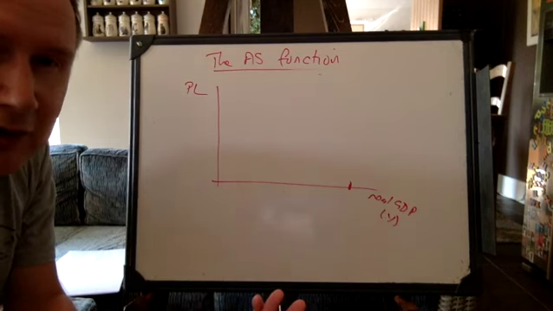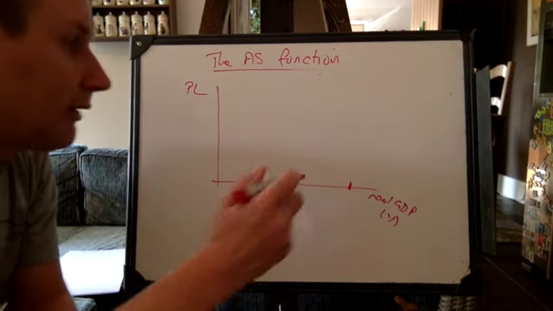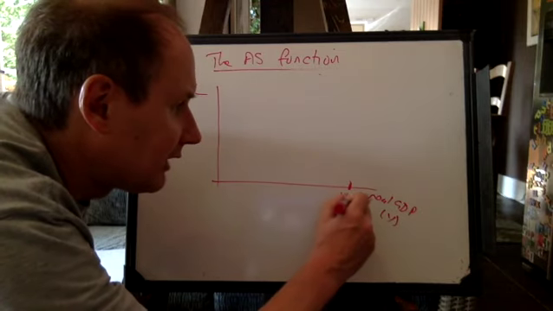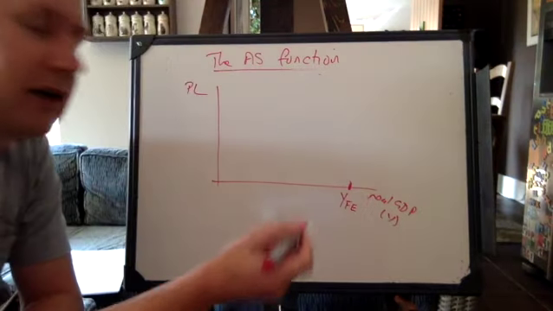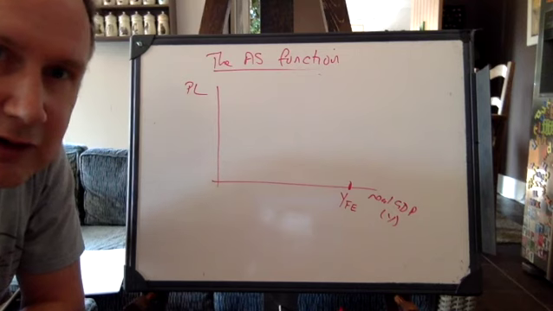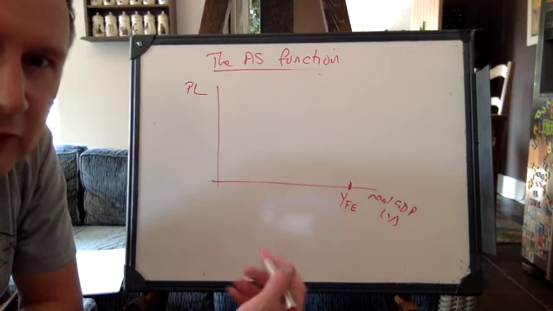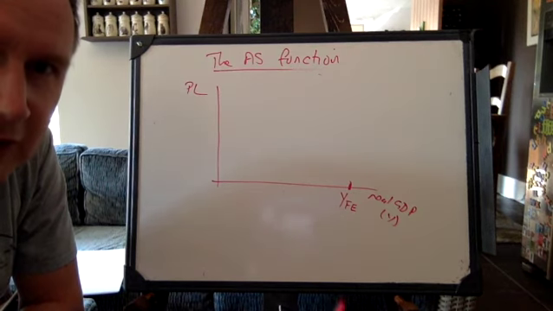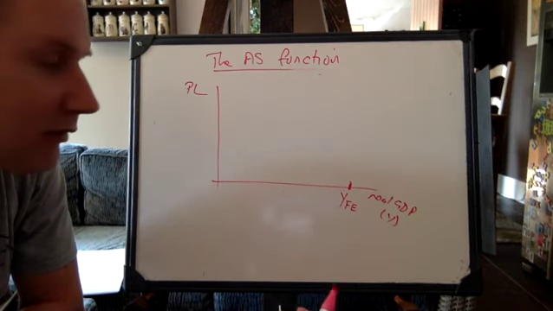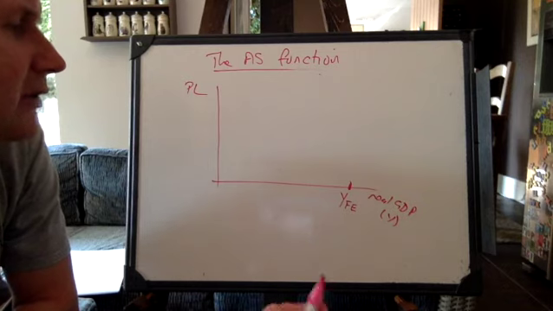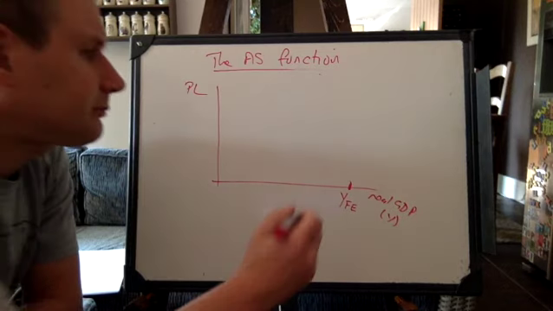Depending on how complicated you want to get, you could call that the full employment output. Some of you might instead know it as the NERU. The NERU shows the highest level of GDP that the economy can get without experiencing very significant amounts of inflation. It doesn't matter too much. Let's call it full employment for now.